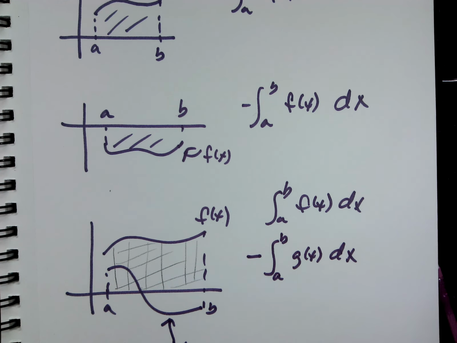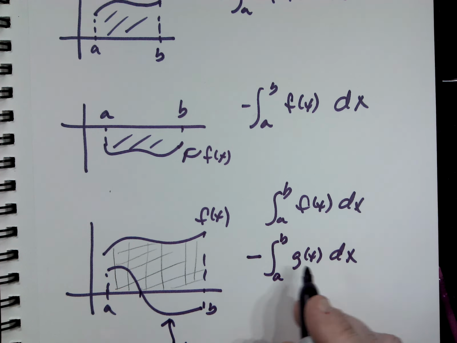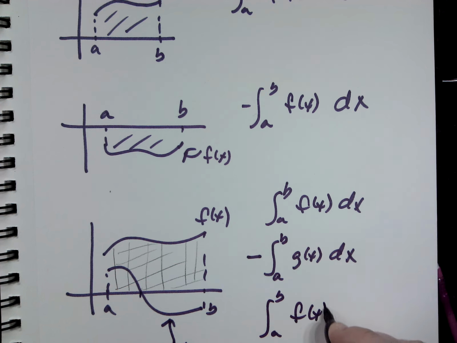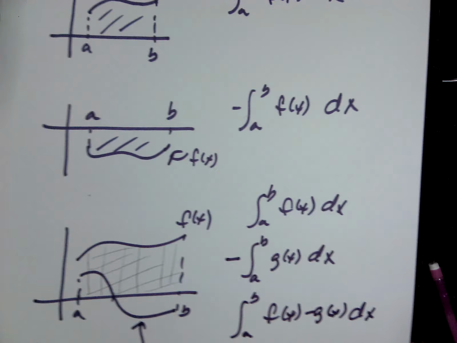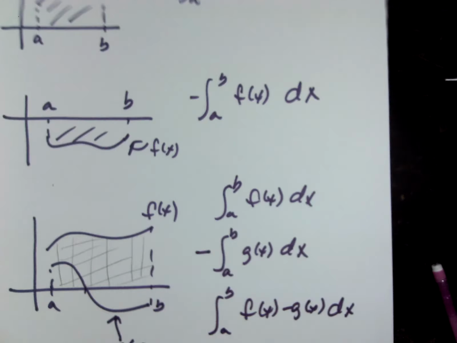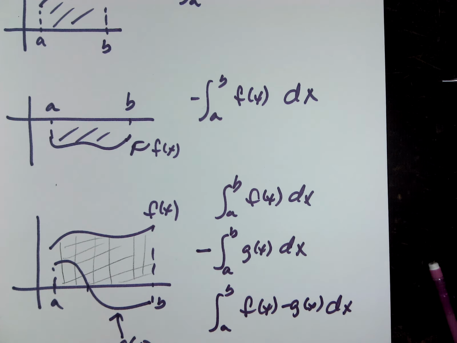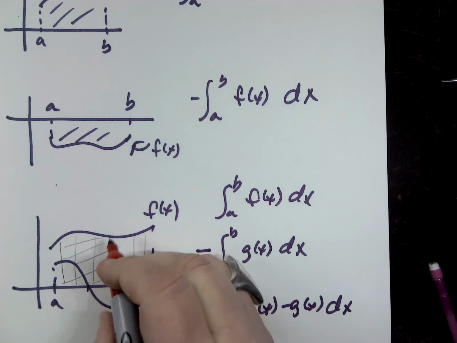So effectively, I don't need to worry about where it crosses the x-axis. The area is going to be the integral from a to b of f of x minus g of x dx.